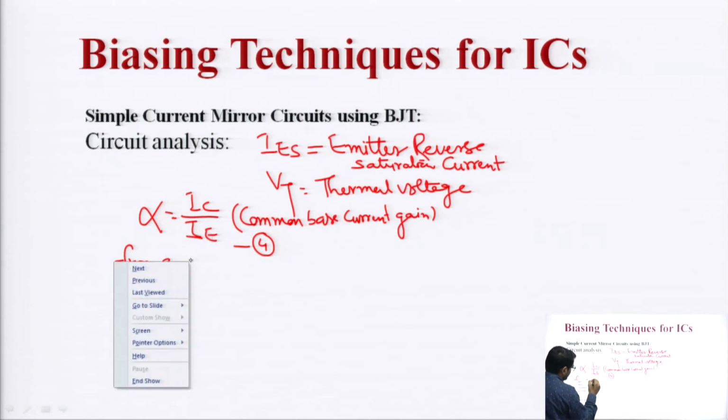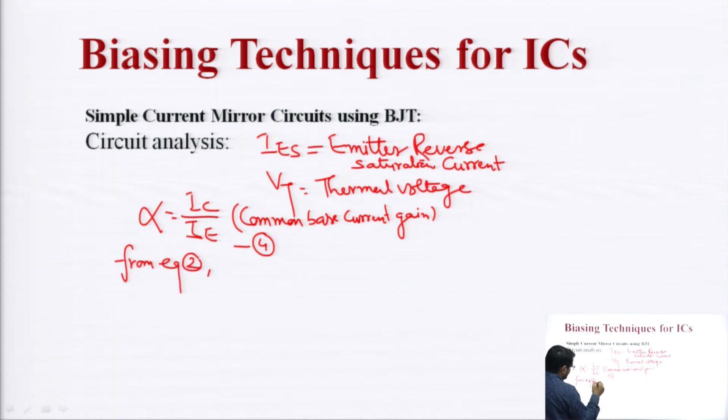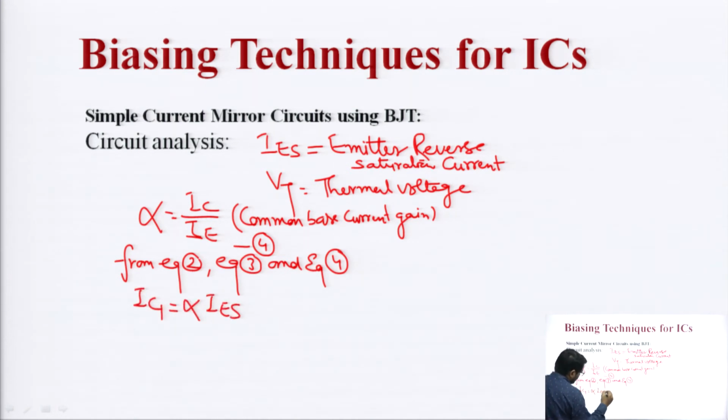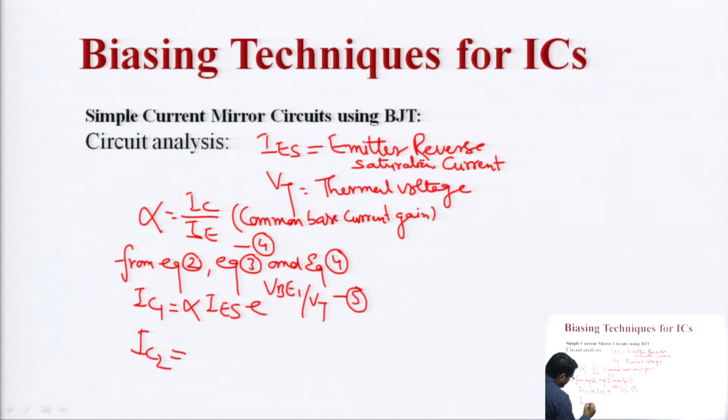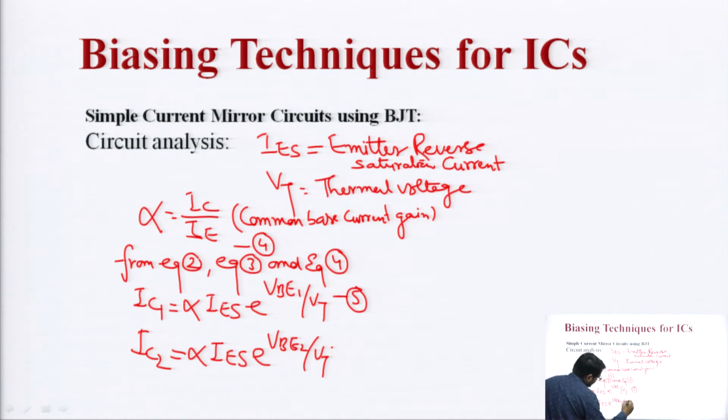From equations 2, 3 and 4, we write IC1 equal to alpha IES e to the power VB1 divided by VT. This is equation 5, and IC2 equal to alpha IES e to the power VB2 divided by VT. That is equation 6.